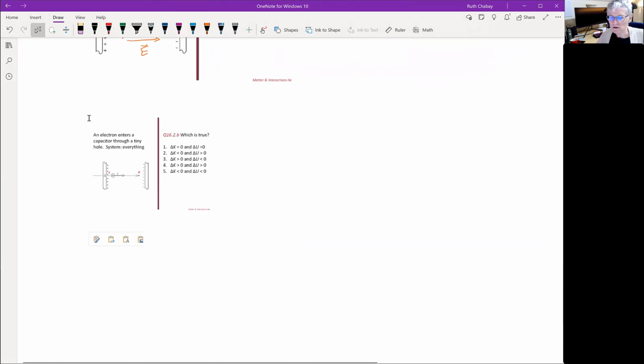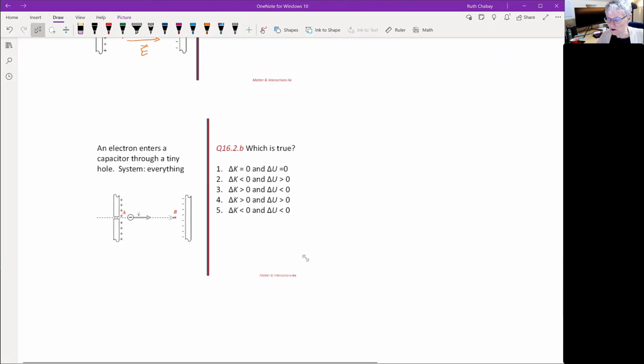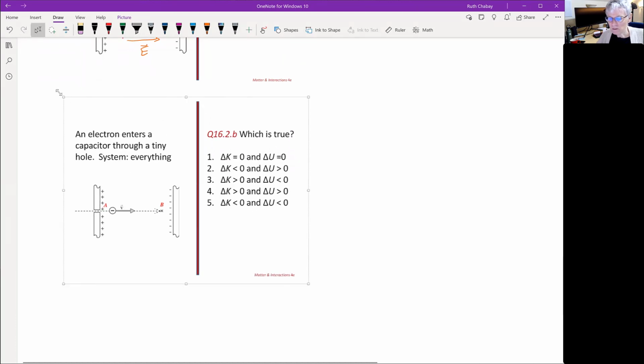Okay, well, let's consider a similar system that isn't quite identical. In this system, we have the same capacitor, we have the same field, but now our particle is an electron. We still have the electric field pointing in exactly the same direction, but now our particle is an electron.